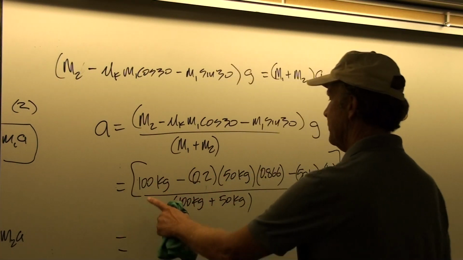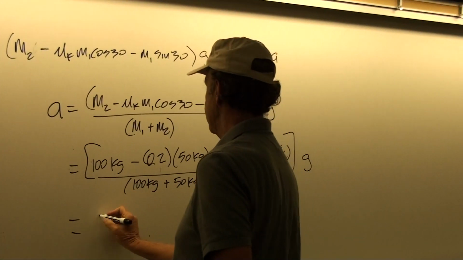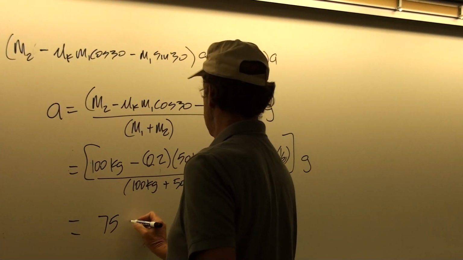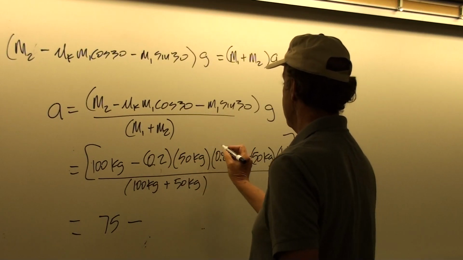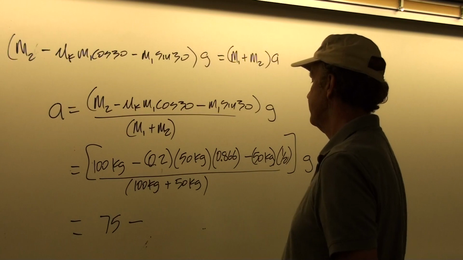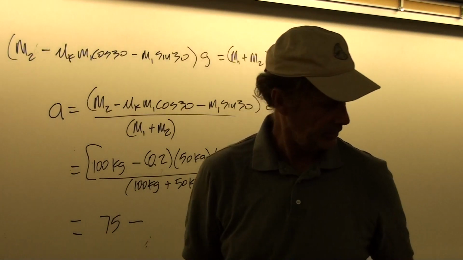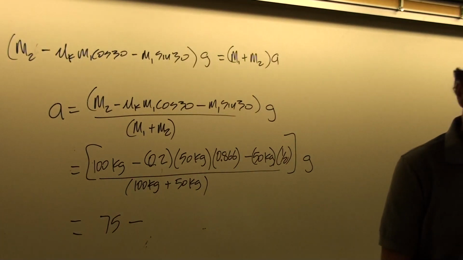Okay, so what we end up with then, well, we had the 100 minus the 25, so that's 75 minus here. Okay, so 0.2 times 50 times 0.866. Let me just knock that off real quick.